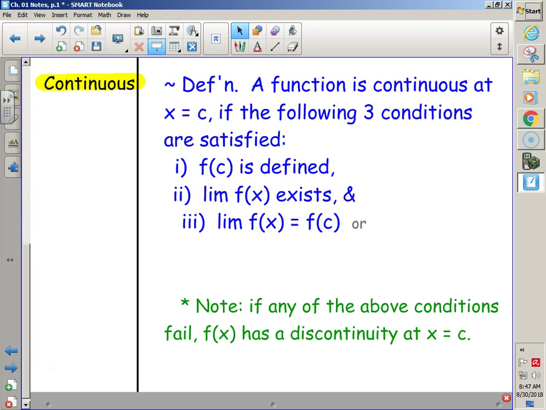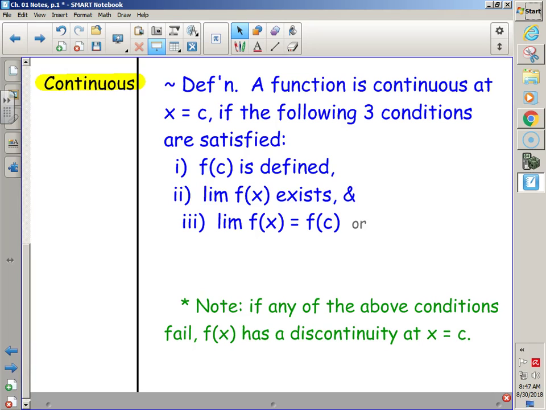You can put met if that's easier for you to think about. 1, f of c is defined. At x equals c, there is a point. There is an existing y value. f of c is defined. At c, there is a point.